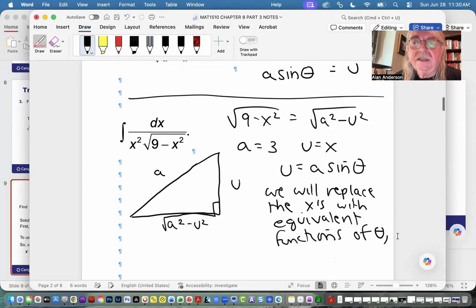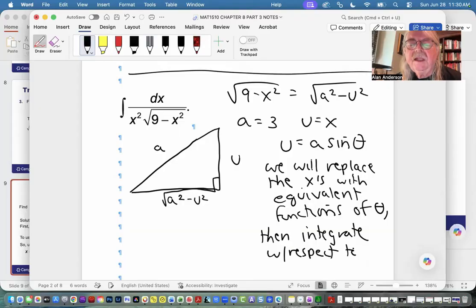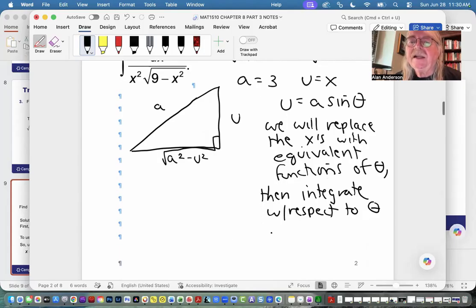Then we take the integral with respect to theta, not with respect to x, and then we can make the necessary substitutions to bring it back to x.